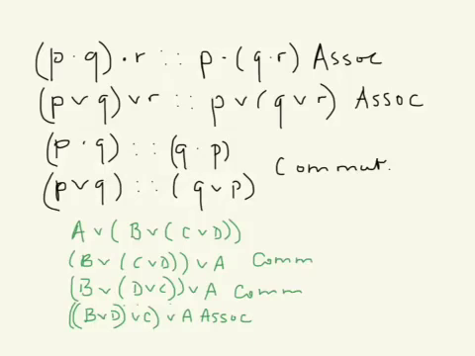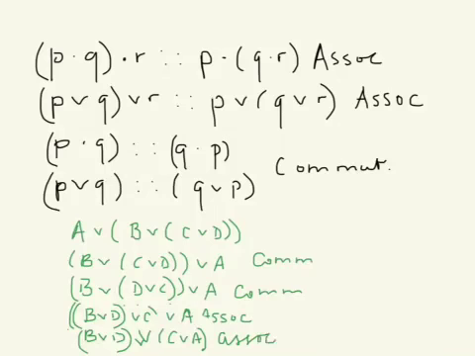And finally, let us use associativity one more time to move this set of parentheses one to the right. Okay, and so this finally allows us to get to the claim that is equivalent to the original claim, and the rule again is associativity.